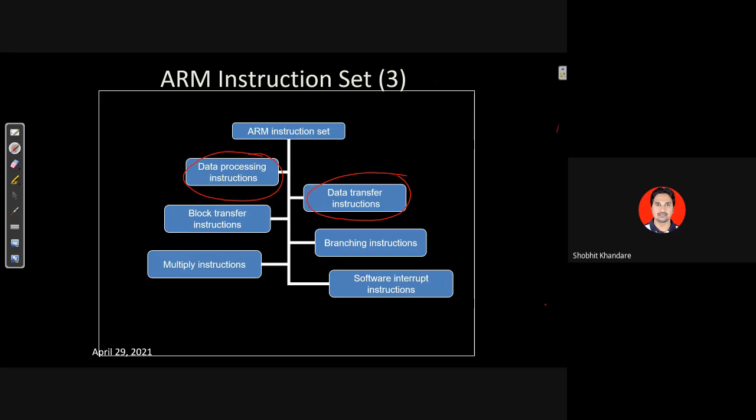So similarly, as far as ARM is concerned, all the ARM instruction sets can be categorized either in data processing instructions, or data transfer instruction, or block transfer instruction, or branching instruction, or multiply instruction, or software interrupt instruction. So total we have 6.